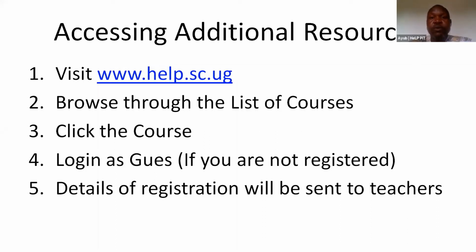Now I'm going to move to the e-learning platform itself, where we shall be able to share additional resources. I invite teachers and learners to visit this particular website, which is a platform for sharing resources and collaboration across schools. Now I'm going to the platform.